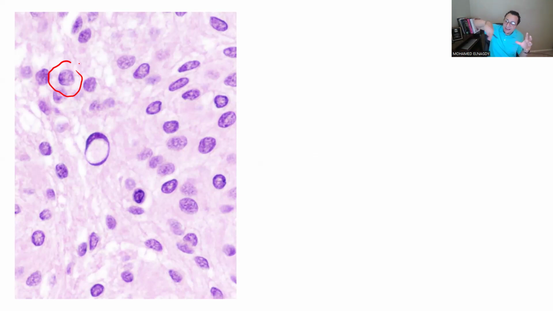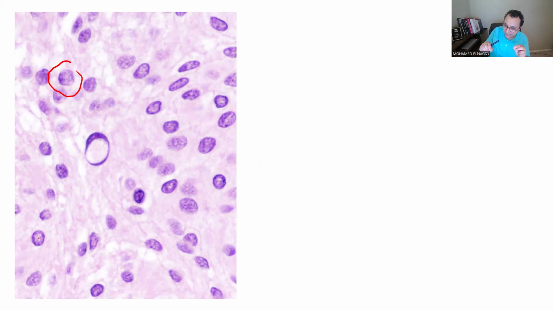We call it the whorling pattern. And sometimes you have intranuclear pseudoinclusions. Very important, but it's not very obvious here. But sometimes you see the intranuclear pseudoinclusions. Can anybody remember another tumor in the thyroid where we saw intranuclear pseudoinclusions?